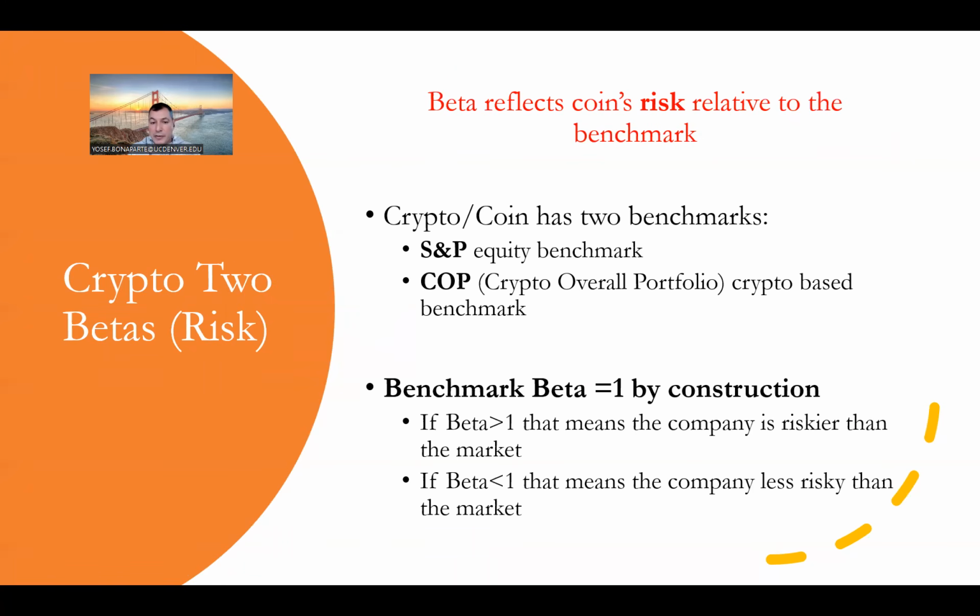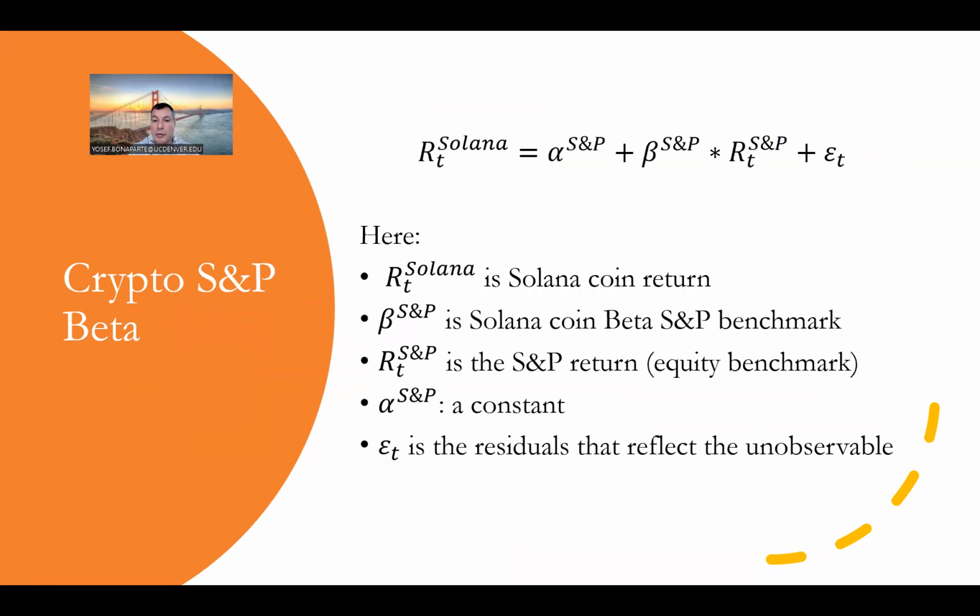We're going to analyze first the S&P beta for a coin. What's the S&P beta for a given coin? We're going to use Solana as our coin. We regress the Solana return on a constant plus beta S&P multiplied by the S&P return, plus epsilon t. R_t Solana is the Solana coin return.